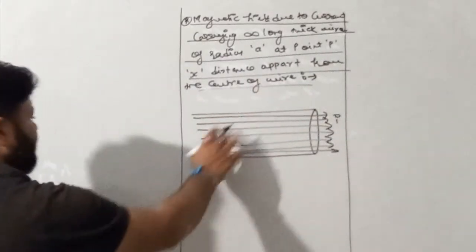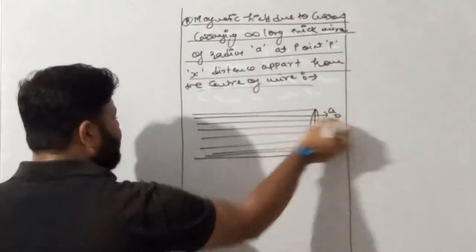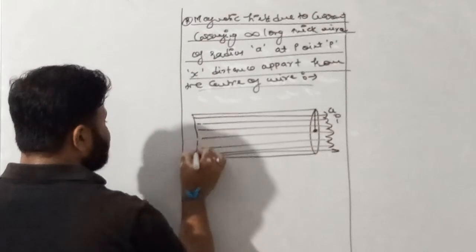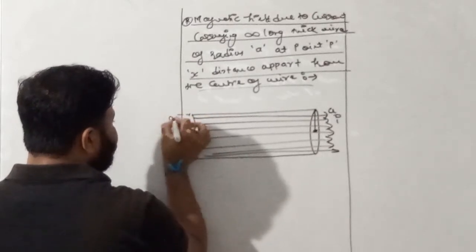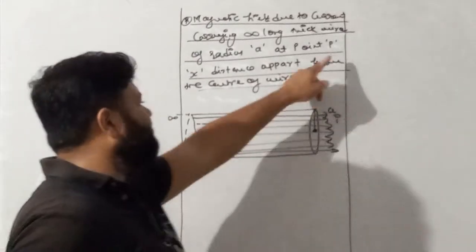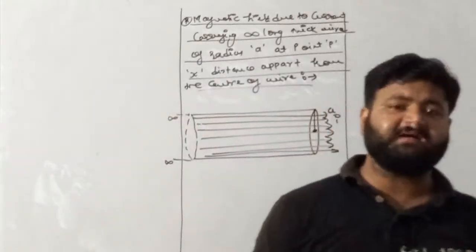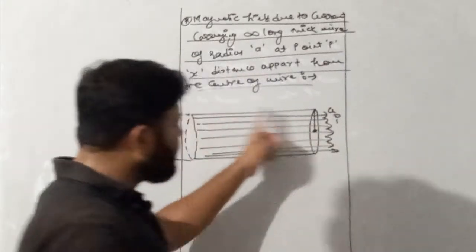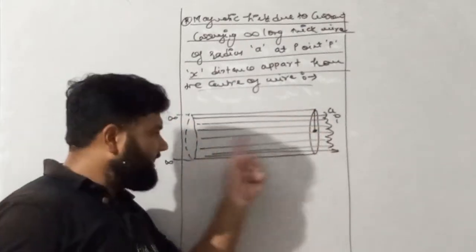So this is our thick wire whose radius is A, and this wire carries current I, and the wire is of infinite length. We want to find the magnetic field at any point P which is x distance apart from the center of the wire.